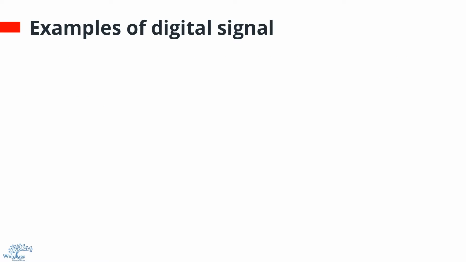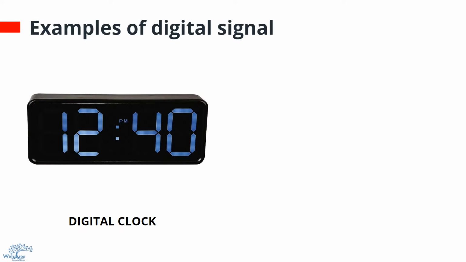Common examples of digital signal would be digital clock, where your second is either 1 or 2, not like an analog clock where your hand is moving in between, so it is also taking values in between 1 and 2 and 3 and so forth, whereas in a digital clock it is either 1 and it directly switches to 2, 3 and 4 and so on seconds, right?